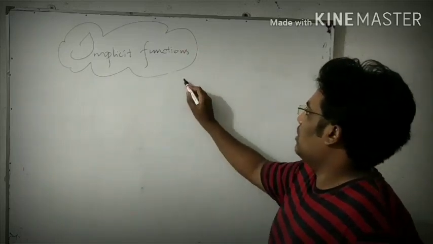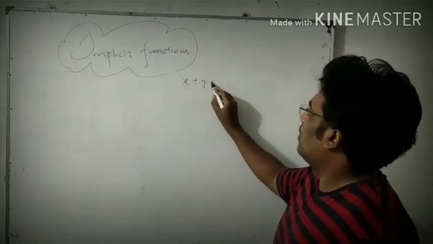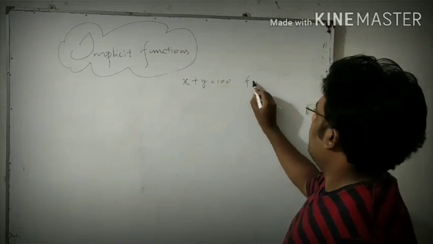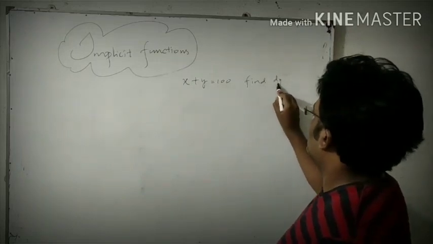Now let us point out an implicit form only. If the question is like x plus y is equal to 100, find dy by dx.